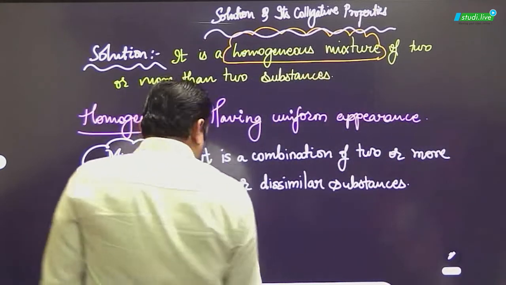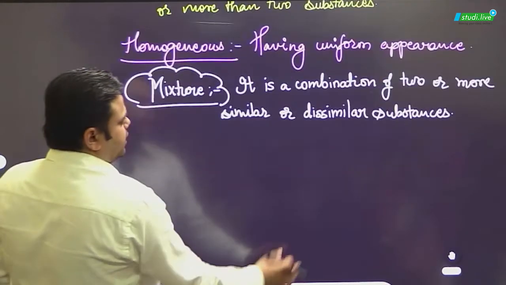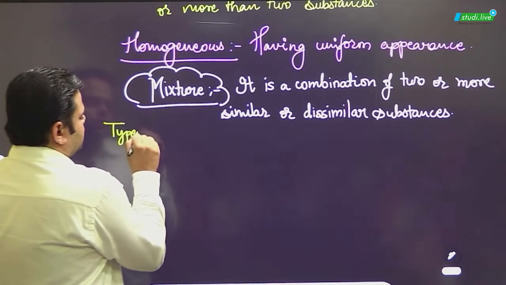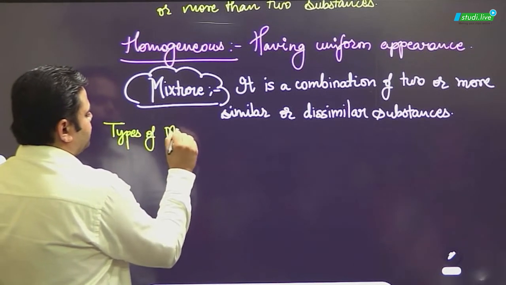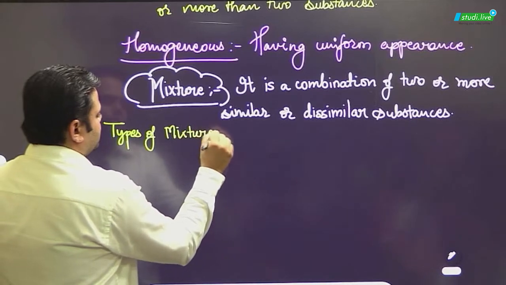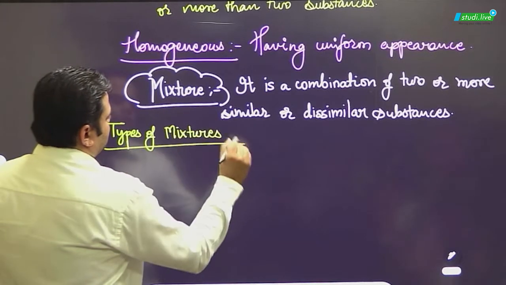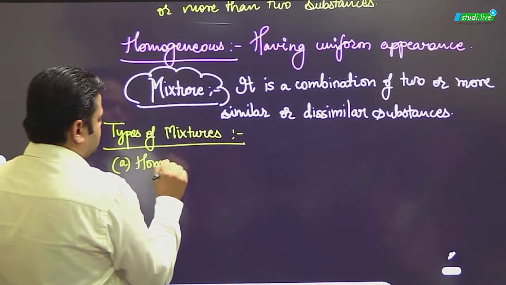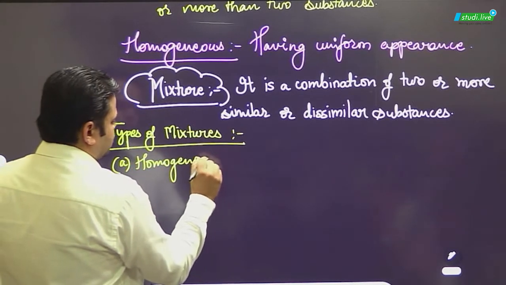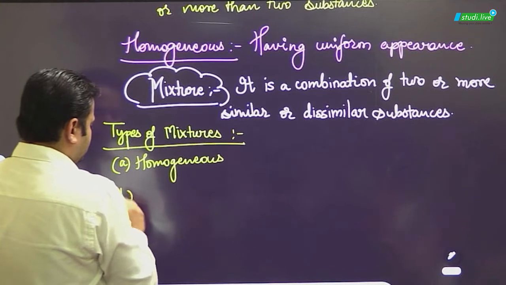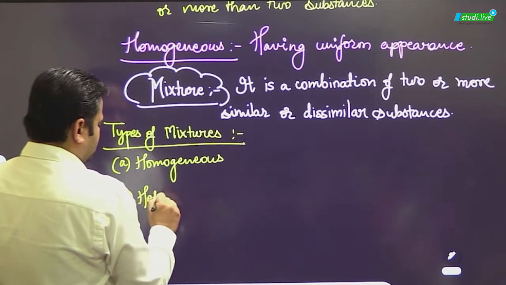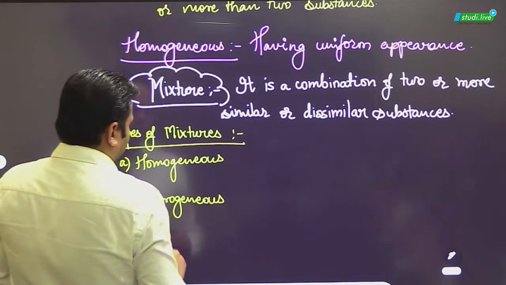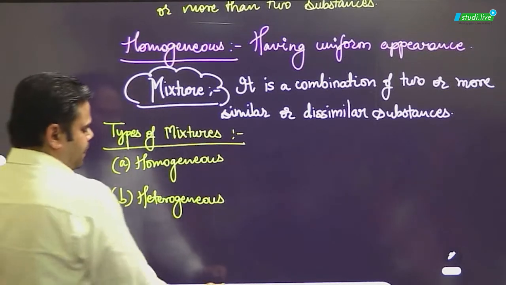Mixture का types है. There are types of mixtures. What are these types of mixtures? Homogeneous and heterogeneous.